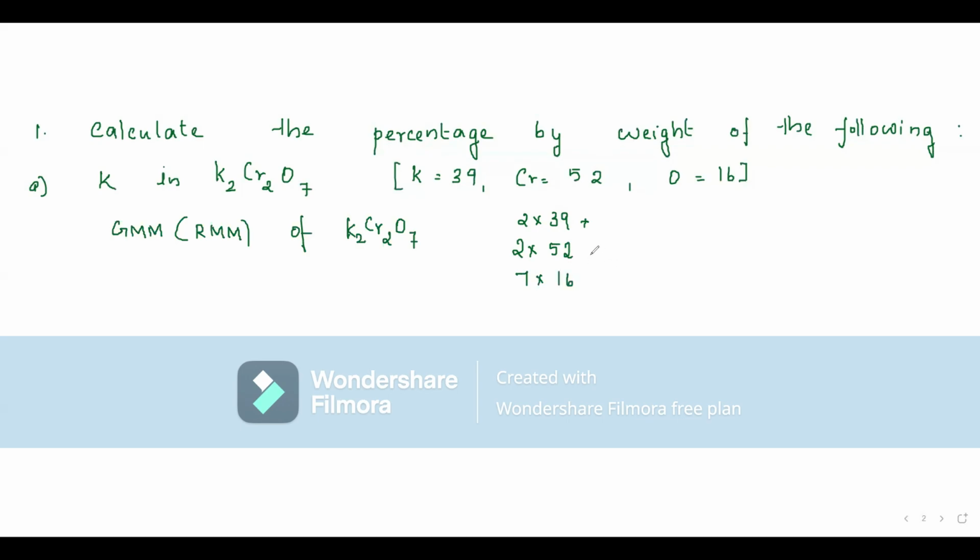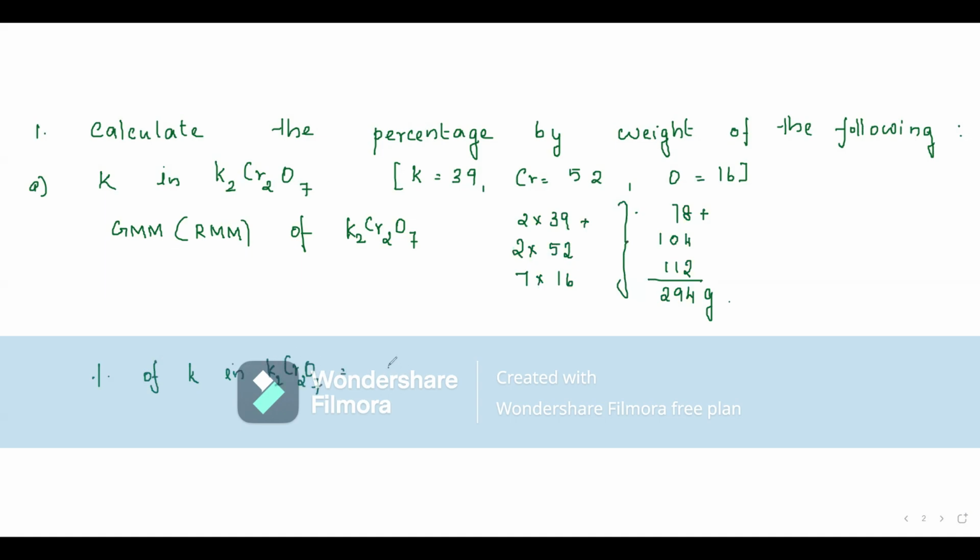When you solve this, you are getting 78 plus 104 plus 112, so that is equal to 294 grams.